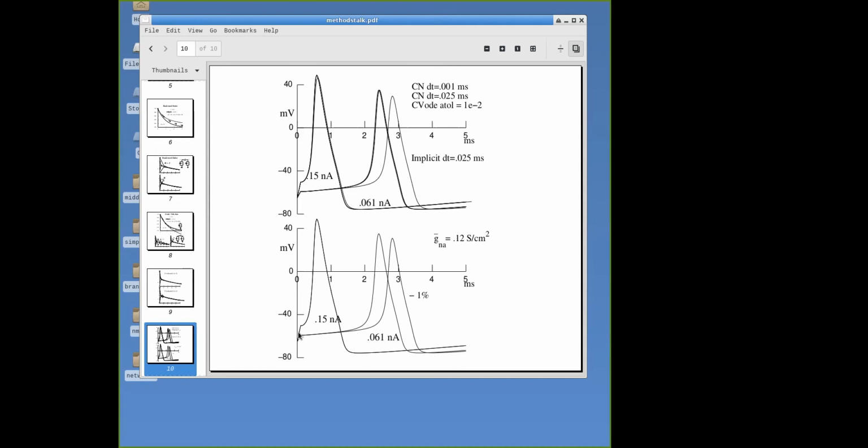So the longer your model has a state variable that hangs on the precipice, the more error you're going to get in your simulation result.